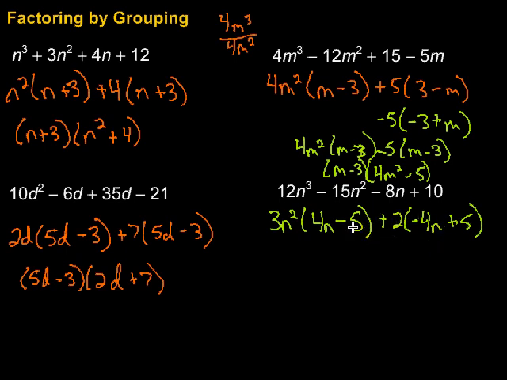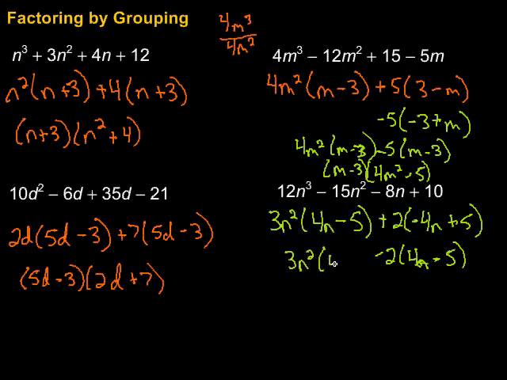Well, we've got something pretty similar, but they're not exactly the same. I think what I'm going to have to do is pull out a negative 2 here instead. So if I pull out a negative 2, that would be negative 8n divided by negative 2 would be positive 4n. Then 10 divided by negative 2 would be minus 5. Hey, there it is, just what we're looking for.